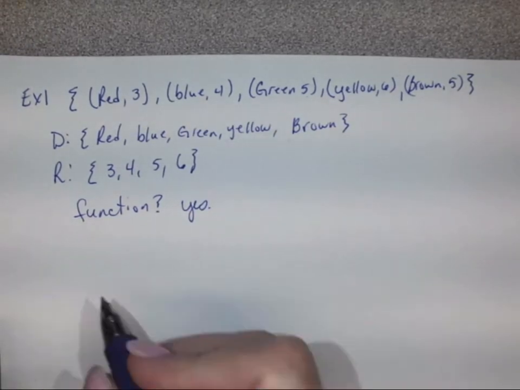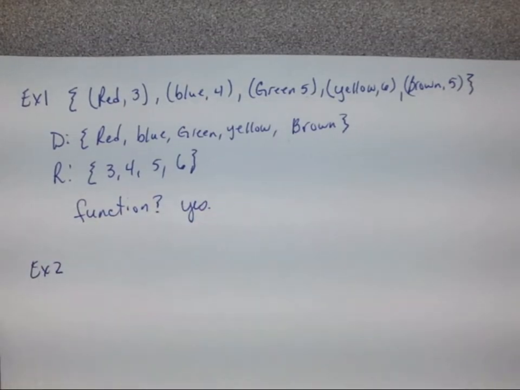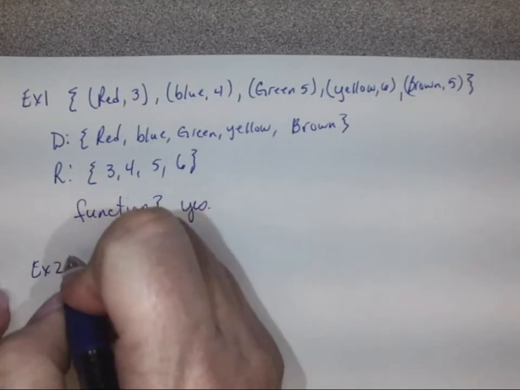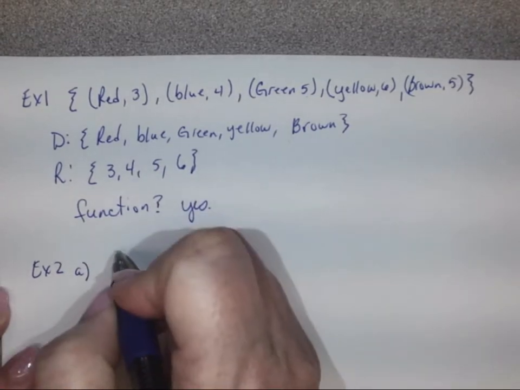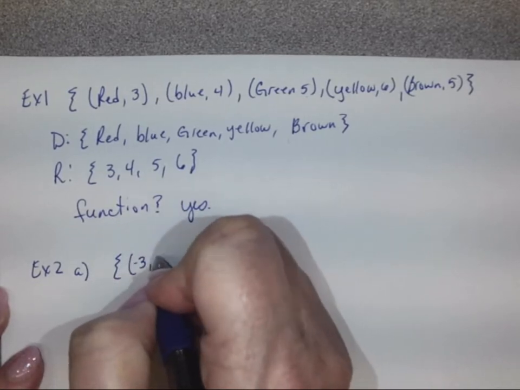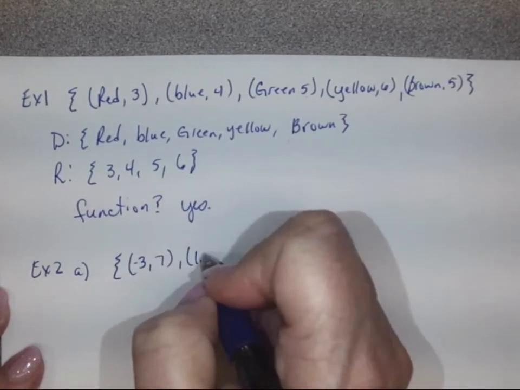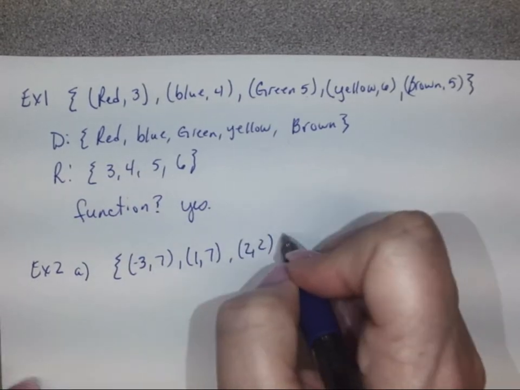All right, let's look at example 2. We're going to do a part A and a part B. First we have negative 3, 7, 1, 7, and 2, 2.